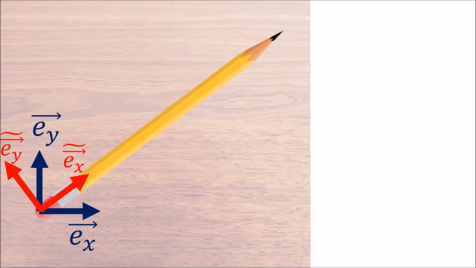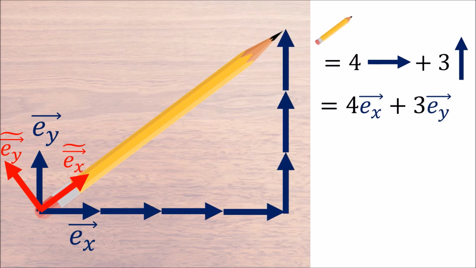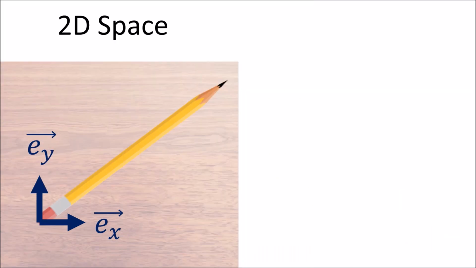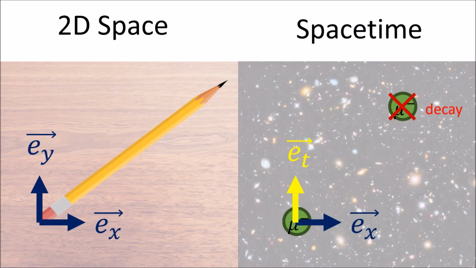This is almost the exact same thing as measuring the pencil using different coordinate systems and getting different components as a result. The only difference is that for the pencil sitting on the table, our vectors are measuring 2D space, whereas for the muon decaying in space-time, our vectors are measuring space and time, using x and t.